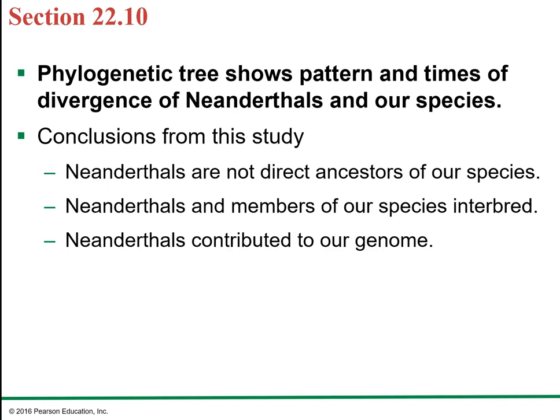And so it says that from that study, Neanderthals weren't direct ancestors of our species, but Neanderthals and members of our species were able to interbreed based on these studies. And the genes that existed in the Neanderthals contributed to our genome as well.